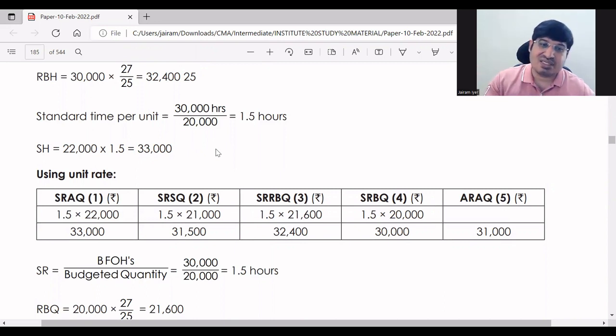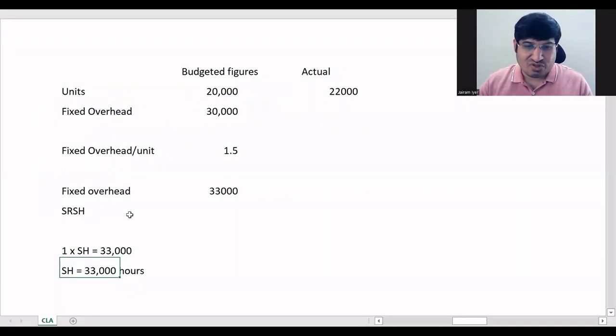So इससे if you put this in the next part of the equation, जैसे मैंने आपको बताया था, you will get SR. ठीक है, so वो जो 33,000 आया है, if you put that in this equation, you will get SH is 33 hours. Here it is not making any difference because both are 1.